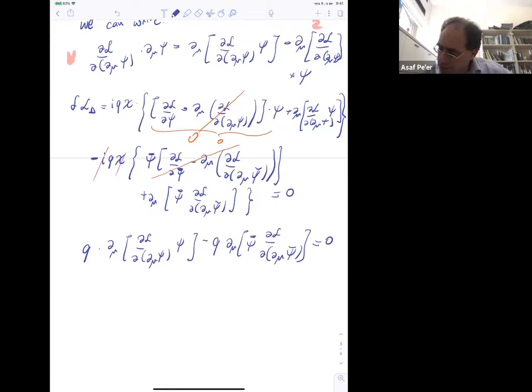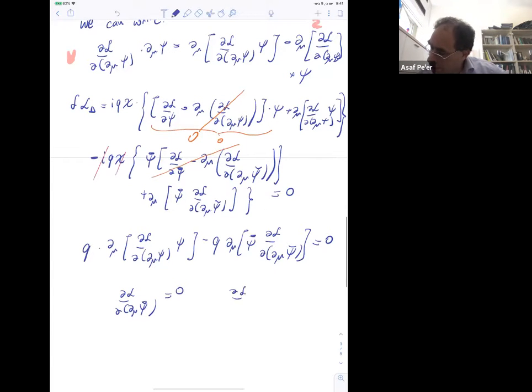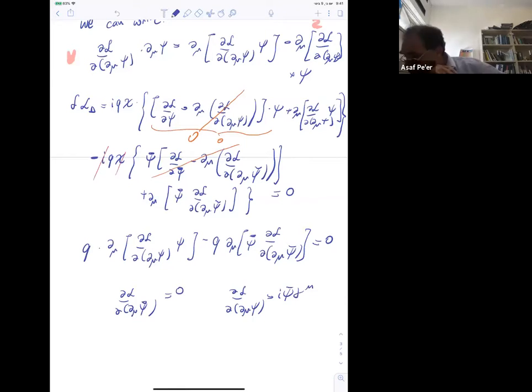So dL over d mu psi bar is just 0, right? The Dirac Lagrangian is independent of psi bar. And dL over d mu psi is just i psi bar gamma mu. So, and Q is a constant, so I can put it in.